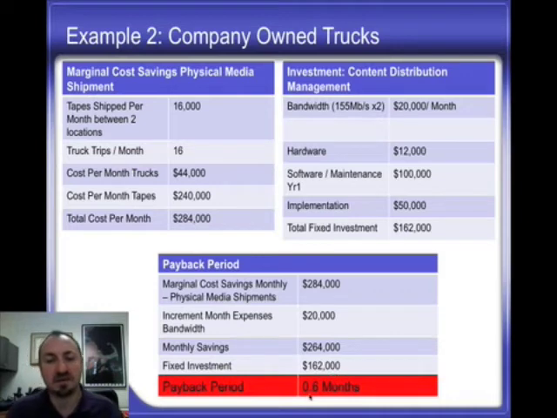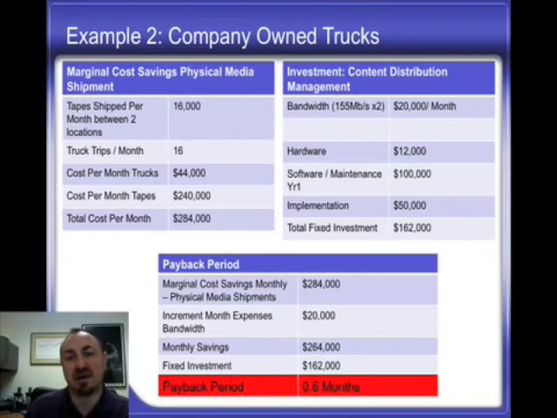So in 0.6 months, or about 15, 16, 17, 18 days, they're going to pay back that investment. They went from giving that money to shipping companies, to using their own trucks, to actually having their own file-based content distribution management solution, and essentially paying that off in less than a month.